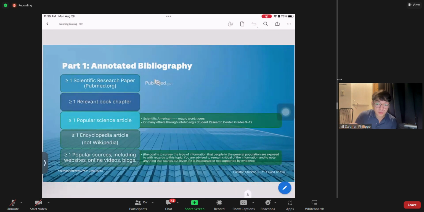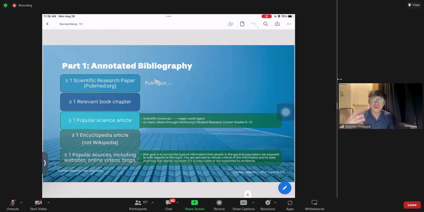So part one will be, of course, they will find a scientific research paper, a relevant book chapter, or a popular science article. We're doing this in LaSalle. I can remember, if not mistaken, there's a magazine like Science Daily, which I really enjoyed a lot when authors or journalists laymanize scientific concepts.